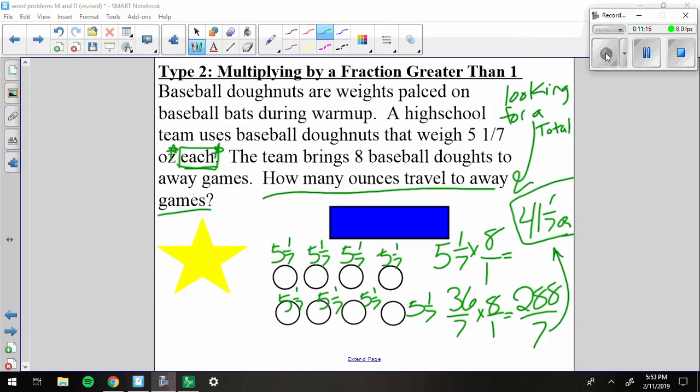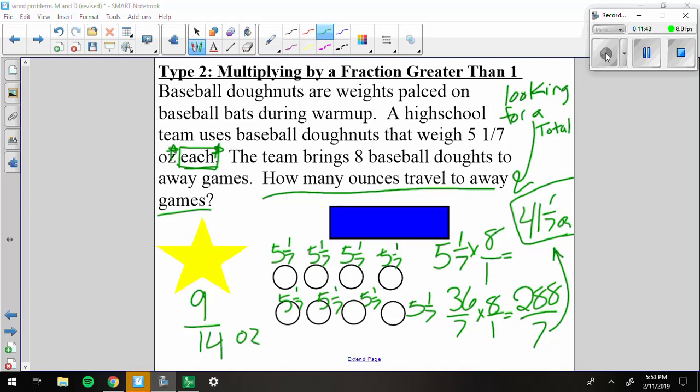And here you can use some reasoning too. Even if you, by some miracle, divided here, 8 divided by 5 1/7, you would have gotten 14/9, not 4 up here. Sorry guys. 14/9 ounces would have been your quotient.